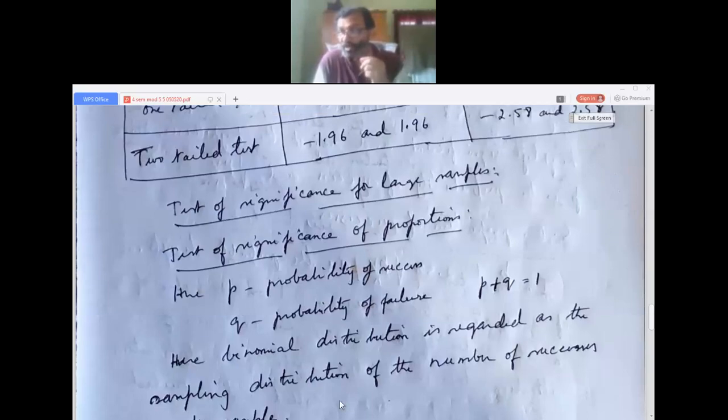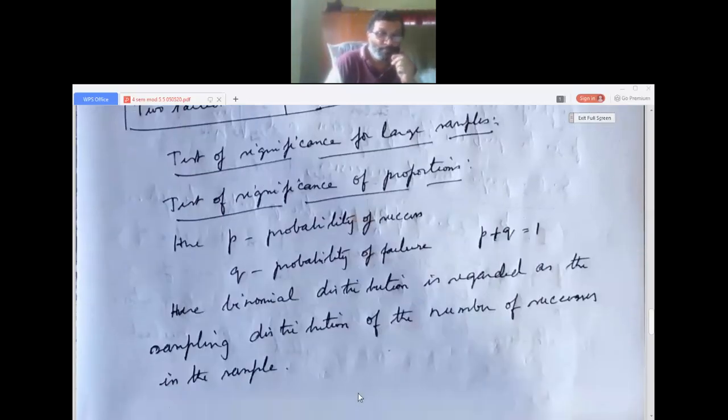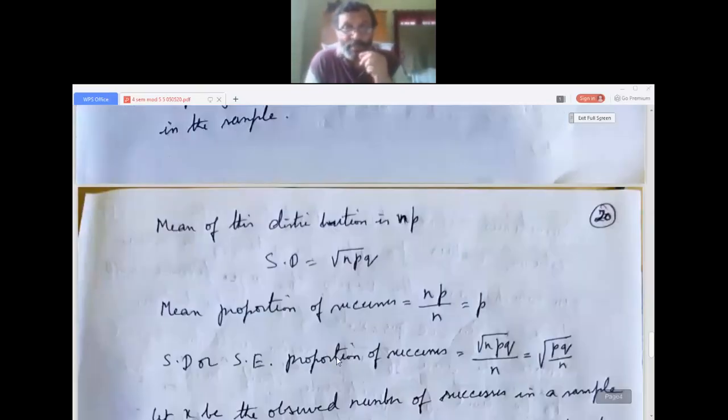Binomial distribution is regarded as the sampling distribution of the number of successes in the sample. Since it is a binomial distribution, the mean of the distribution is NP.